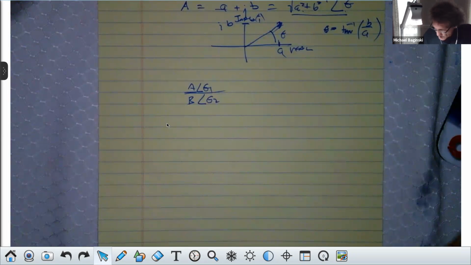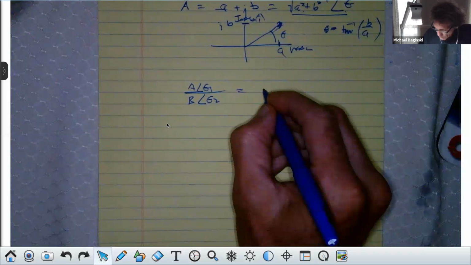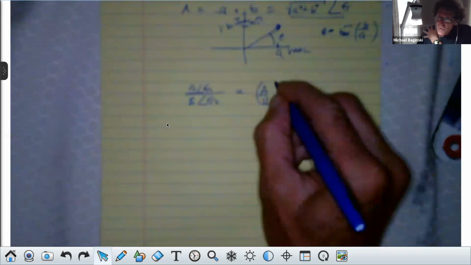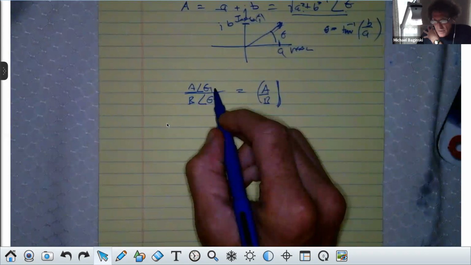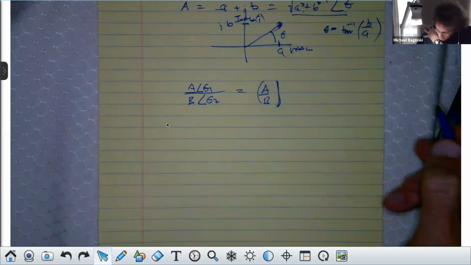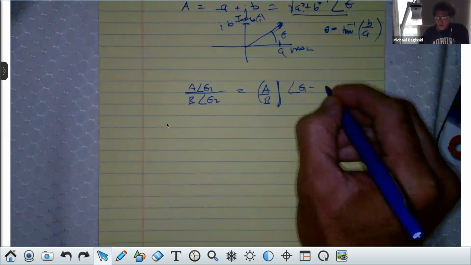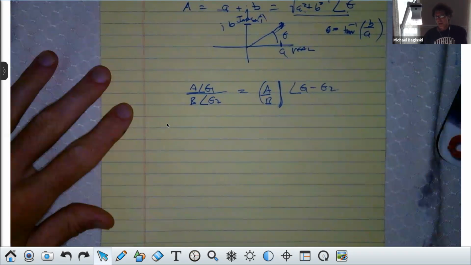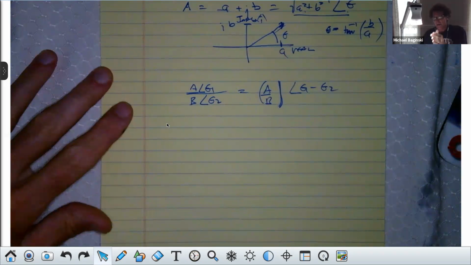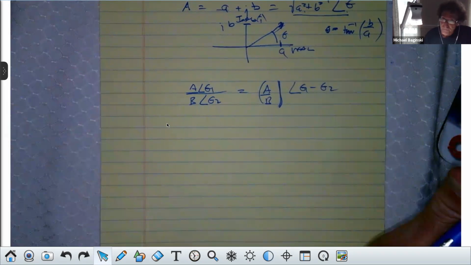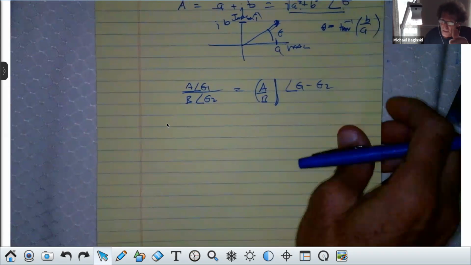Well, that's really just A over B. And then the angle, if you're dividing, you take the upper angle and subtract from it the lower angle. So it would be at an angle of theta 1 minus theta 2. Are you with me with that? Class? I'll give you a concrete example of this in a second, but your calculators do this seamlessly. Okay, everybody? At least you see what I'm doing and you understand it, correct?